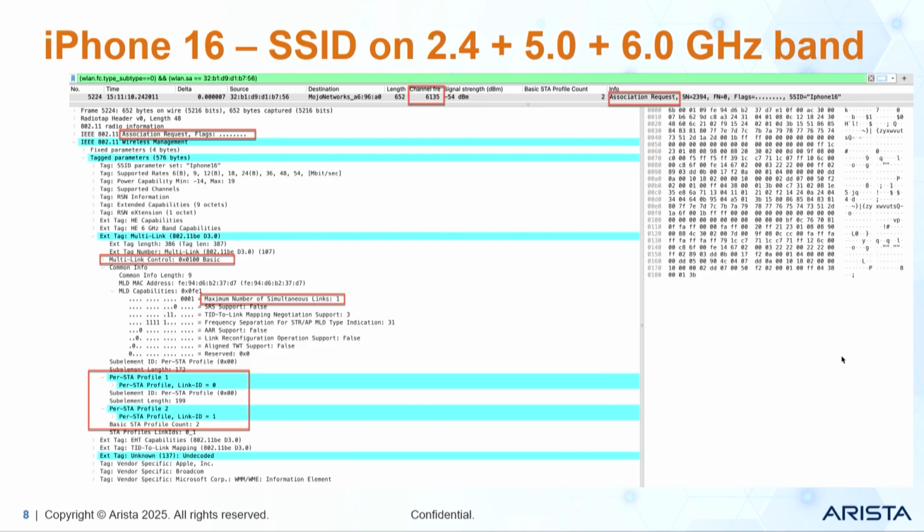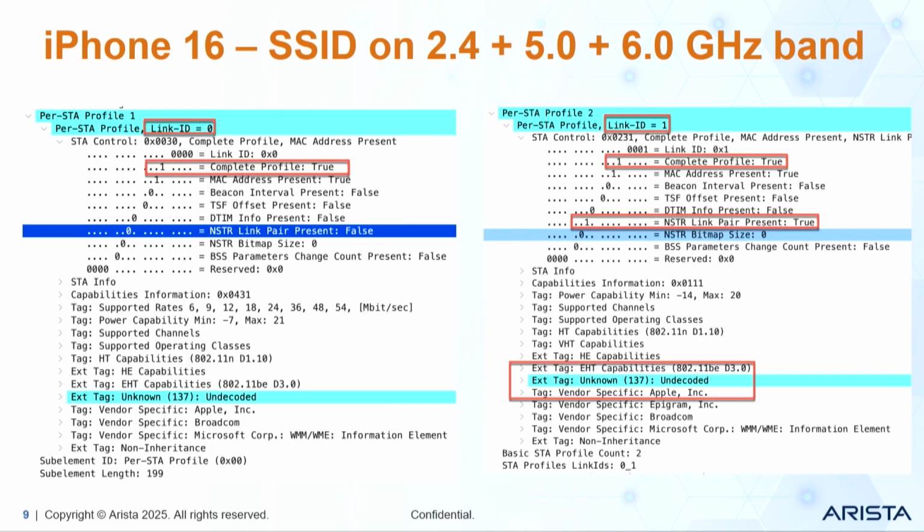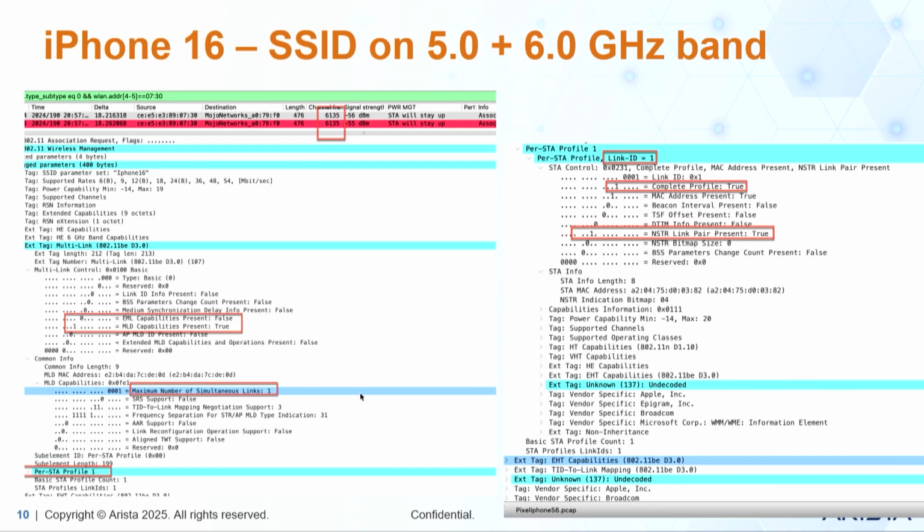In the multi-link control, the maximum number of simultaneous links is 1, which means it has 2 radios, and it is trying to highlight your per station profile 1 and 2, right? So we are going a little deeper on what it is advertising from a per station profile perspective. Link ID 0 goes to 2.4 and link ID 1 goes to 5 gigahertz, right? On the 5, you see it is advertising non-STR MLMR, whereas on the 2.4 it is link ID 0, but there is not much of an advertisement, right?